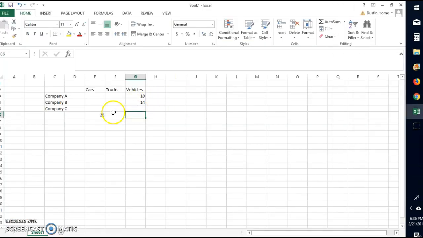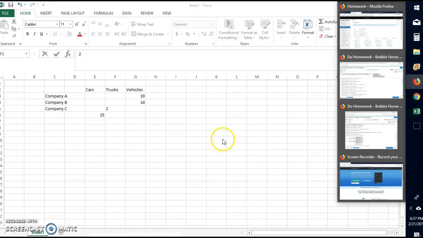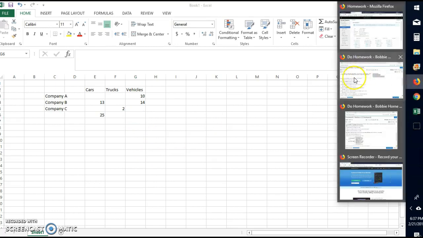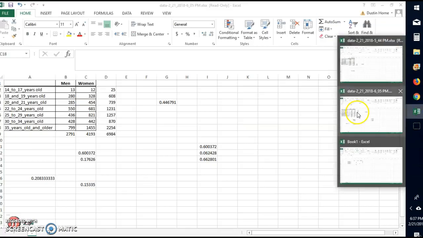So 2 are company C and trucks, and 13 are company B and cars. Now we can fill in everything that we need to know. I skipped this, but there are a total of 34 vehicles.